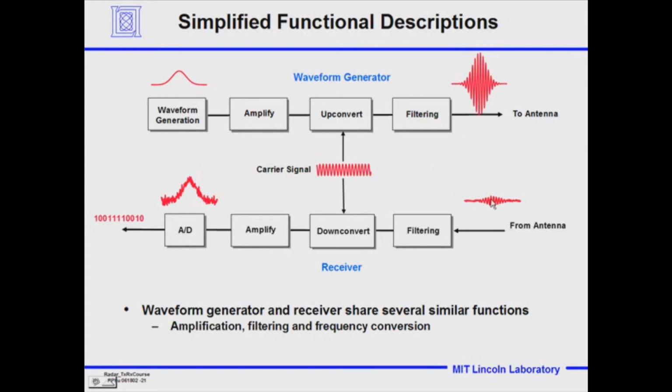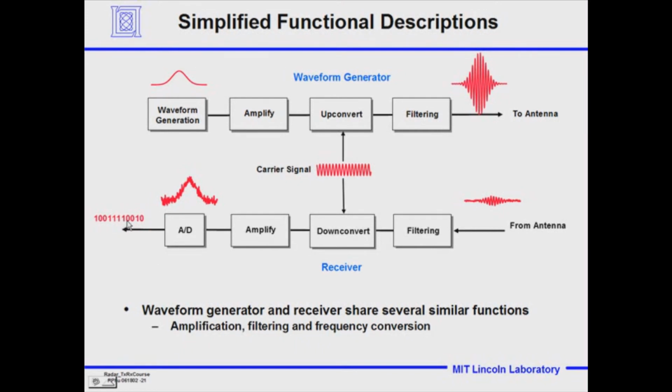On the receive chain, when the very weak signal comes back, the first thing we do is we want to filter out noise that's out of the band of the carrier frequency. And then we down convert that signal to where it's easier to deal with, and we amplify it and put that signal into the analog to digital converter, the A to D, where we get out our detected output of the size of our echoes, sets of ones and zeros.